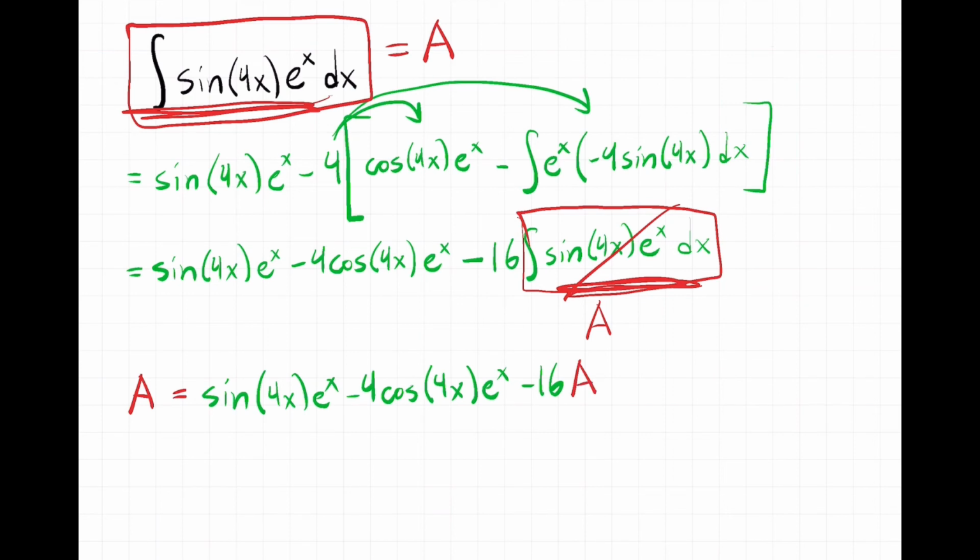What we're trying to solve is A. We want to know what A equals, because we want to know what that integral in black equals. If we can write A equals this, then we'll be done. Well, we have an equation now that we can solve for A. So let's do it. All we need to do is add 16A to both sides.